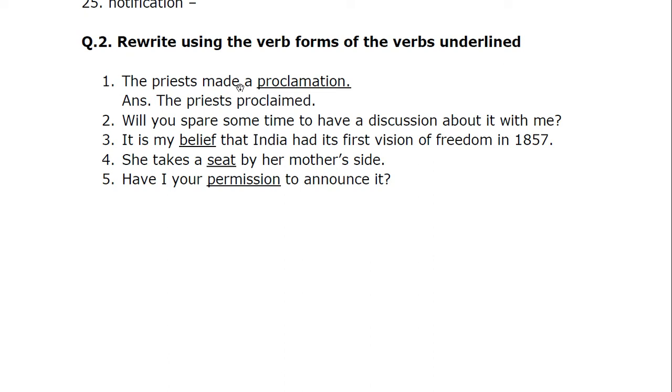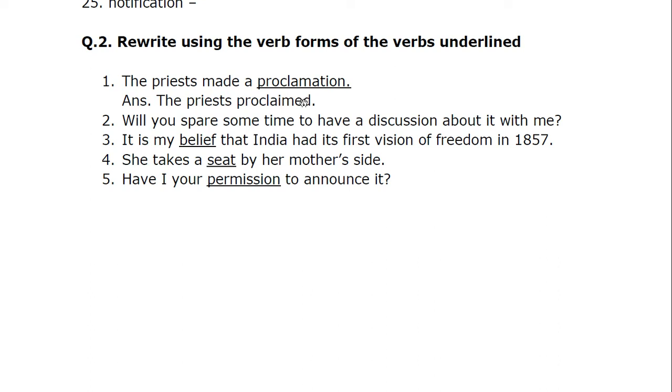See, the reason I'm telling you is, till now I have given you exactly as it is. You know I always change, correct? In 7th standard also I have told you all I will change the sentence because you are not supposed to learn it by heart. You're supposed to understand and do. So supposing the same sentence, but I say the priest makes a proclamation. So your answer will be the priest proclaims.